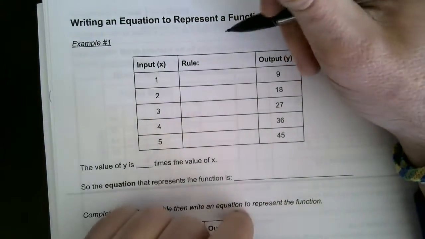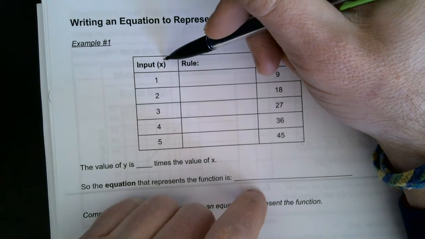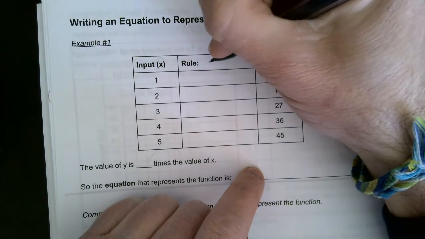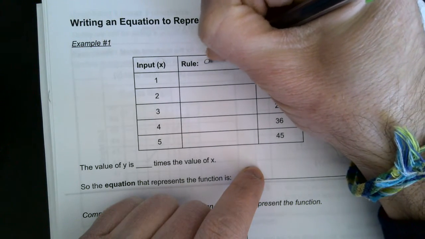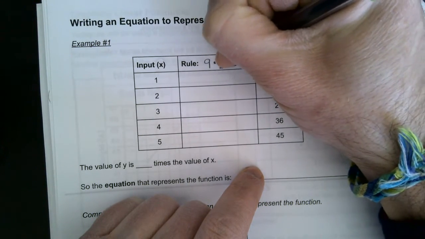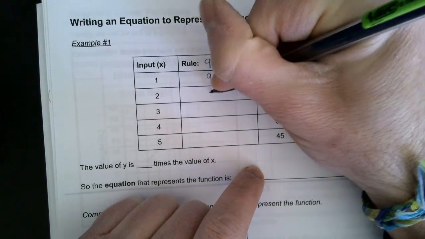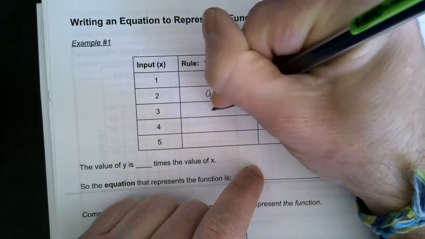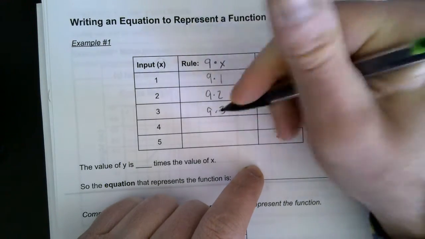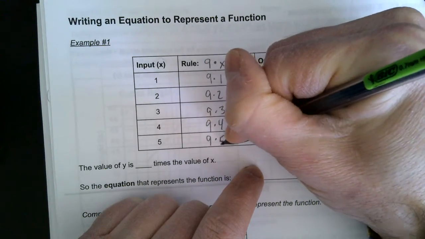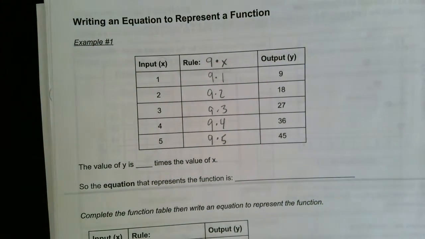And 5 times 9 is 45. So that means the rule is whatever the input is, x, we're going to multiply it by 9. So it'd be 9 times x, because 9 times 1 is 9, 9 times 2 is 18, 9 times 3 is 27, 9 times 4. The connection between the input and the output is that it's multiplied by 9.